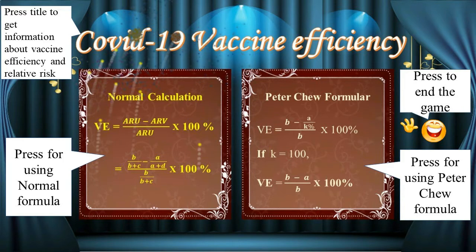Using the PCET calculator of Chew's formula, you can easily obtain the required data from public news. Therefore, the public can use the PCET calculator to easily calculate the COVID-19 vaccine efficiency and confidence of the COVID-19 vaccine.